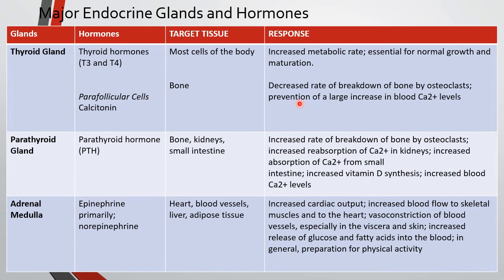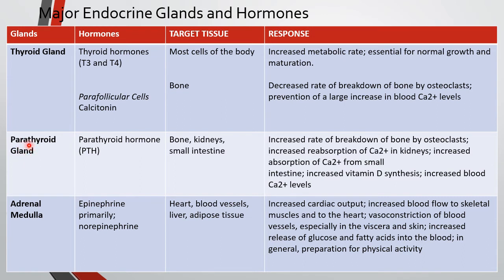So, this prevents a large increase in the blood calcium level. Okay? So, kapag mataas yung calcium, i-inhibit yan ni calcitonin ang pag-breakdown ng bone para walang madagdag na additional calcium sa blood.